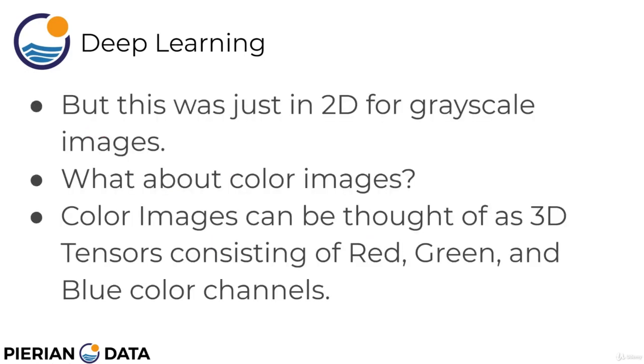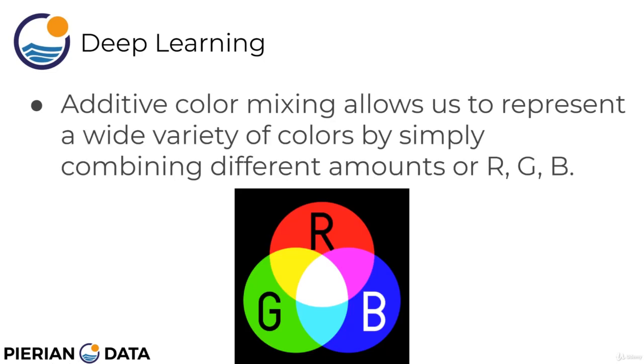Now keep in mind, that was an example for technically just a grayscale image, but what about color images? Color images can be thought of as 3-dimensional tensors consisting of red, green, and blue color channels. Additive color mixing allows us to represent a wide variety of colors by simply combining different amounts of red, green, and blue.